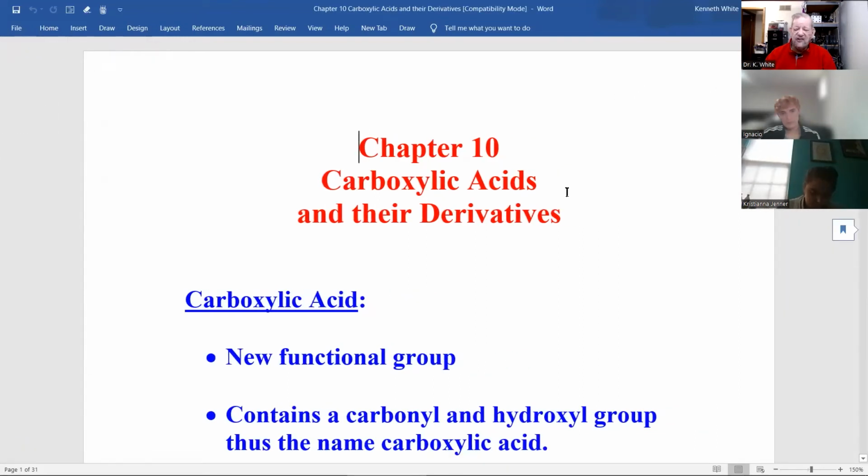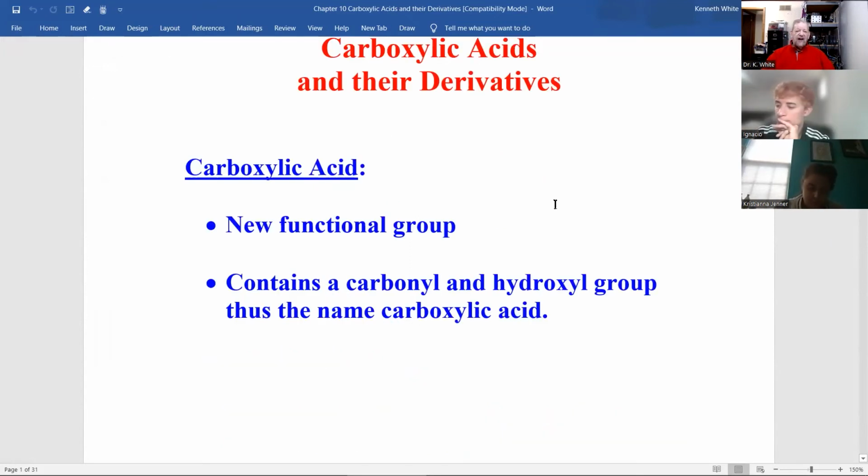All right, everybody see chapter 10 on your screen? Thank you. And this new chapter is called carboxylic acids and their derivatives. Now, this is a new word I haven't used this semester, derivatives. That means those are new functional groups that are made from, derived from, that's how you get the term derivative, from carboxylic acid.